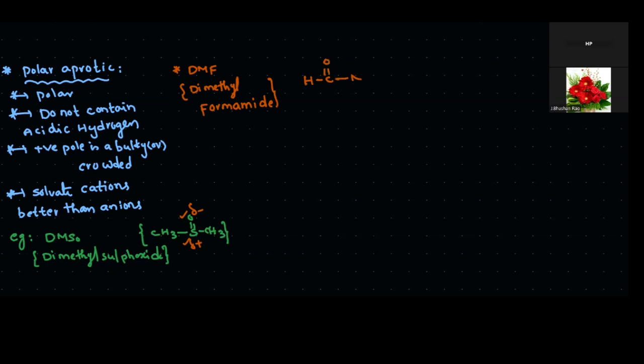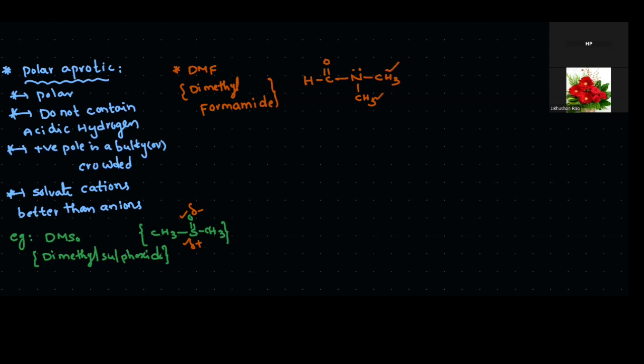How many methyl groups are on the nitrogen? Two. So take one CH3 here and one more CH3 here. This kind of representation is called dimethyl. It is one methyl group, and this is another methyl group. Dimethyl. It is called formamide.